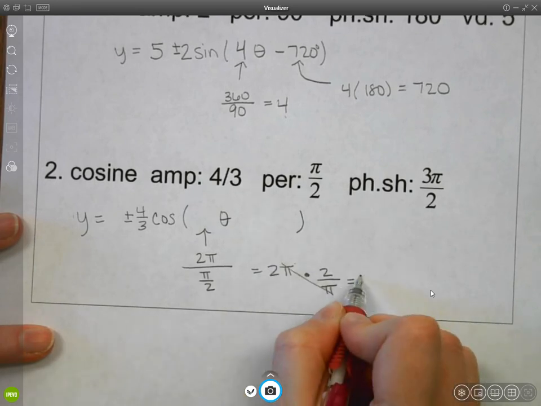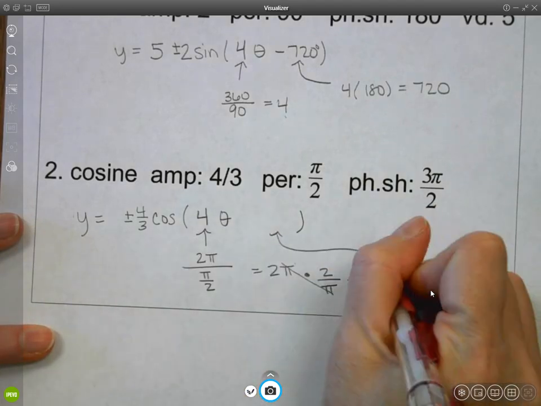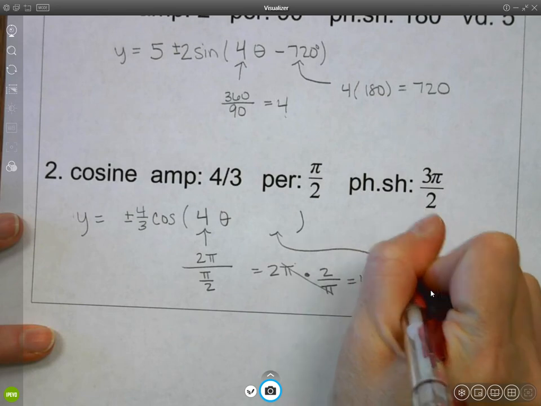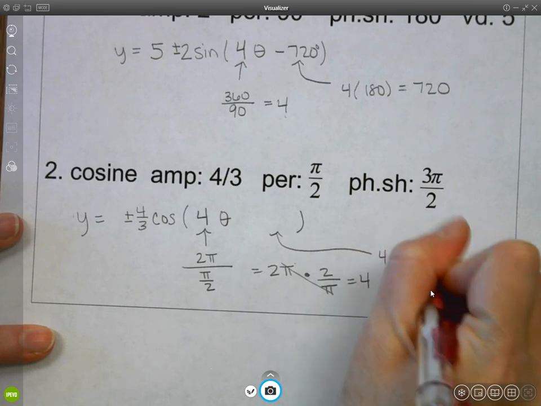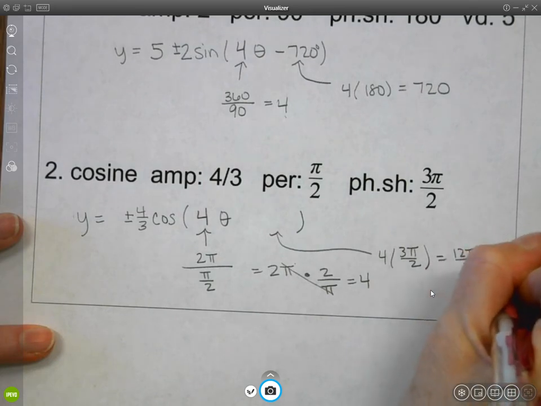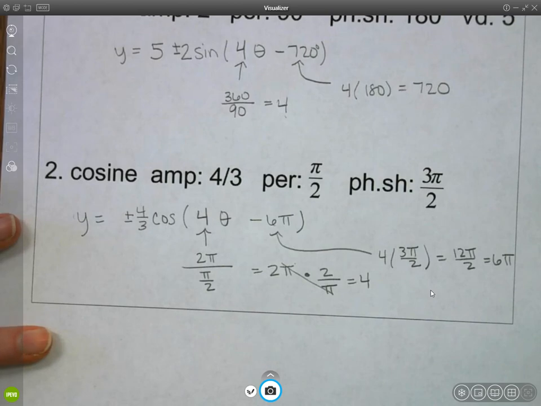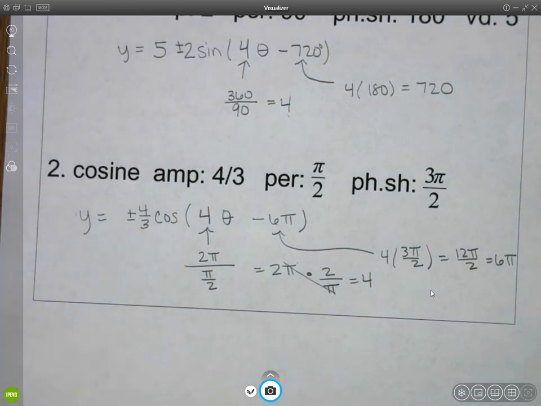Pi's cancel, so this is again a 4. To get this number, we take what we just got, multiply by the phase shift, and that gives me 12 pi over 2, so 6 pi. When you write it in there, change the sign. All right, so that's just a brief recap of what we learned Thursday and Friday.